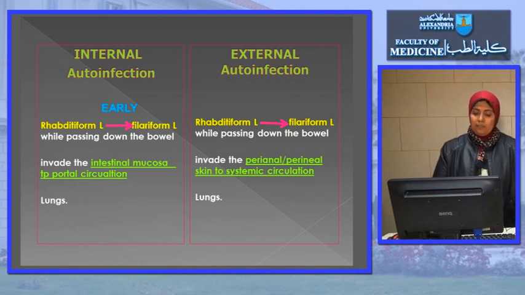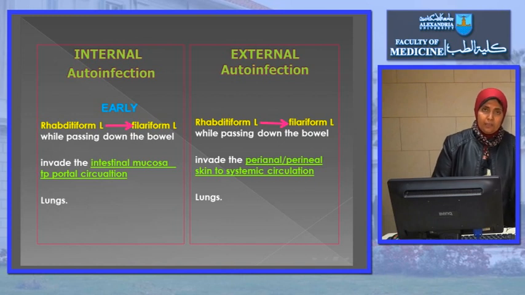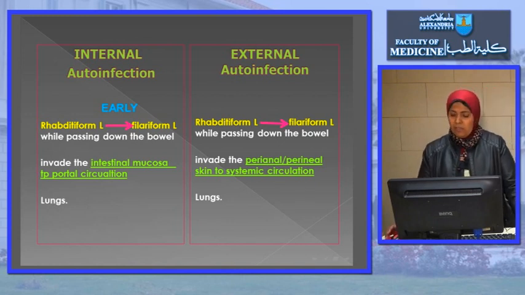If this change happens early, at a higher level, the filariform larvae will invade the mucosa of the intestine, and it will pass through the portal circulation and continue its journey to reach the lungs.